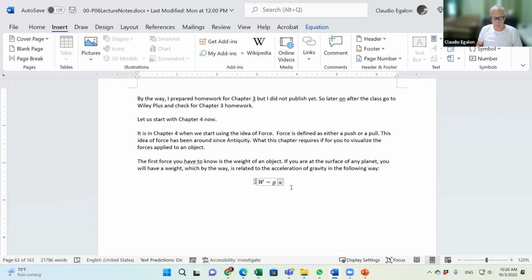It's directly proportional to g, but it's also directly proportional to the mass of the object. M is the mass of the object, which is a measure of the amount of matter that the object has.